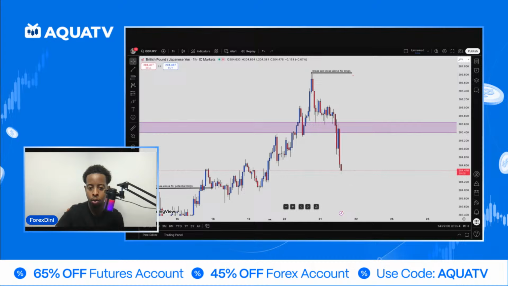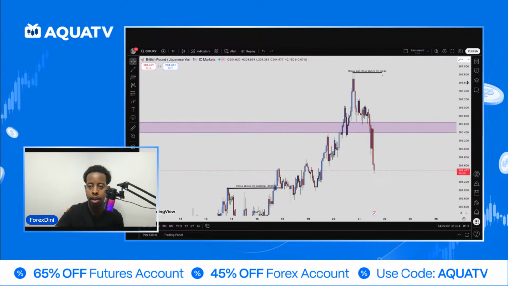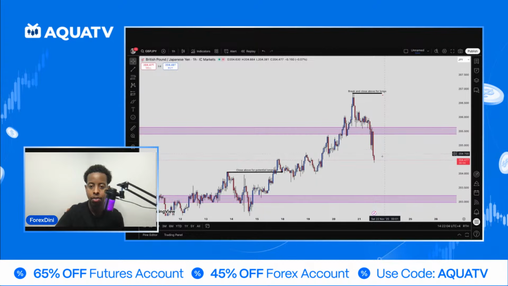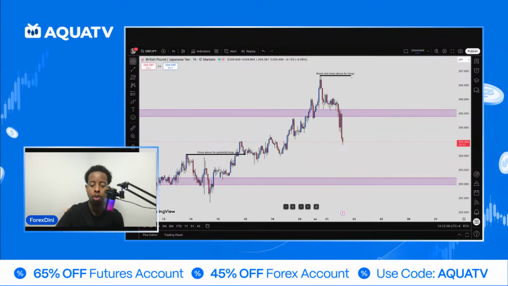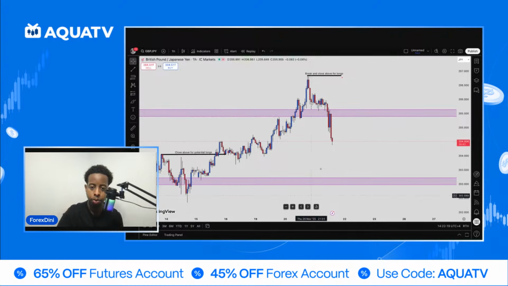As for now, with pound JPY, it's right back in between these two zones, the support and the resistance zone. And so what I'm looking for with GJ at the moment, first of all, like I always say, if price is in between two levels of support and resistance, then don't trade it.